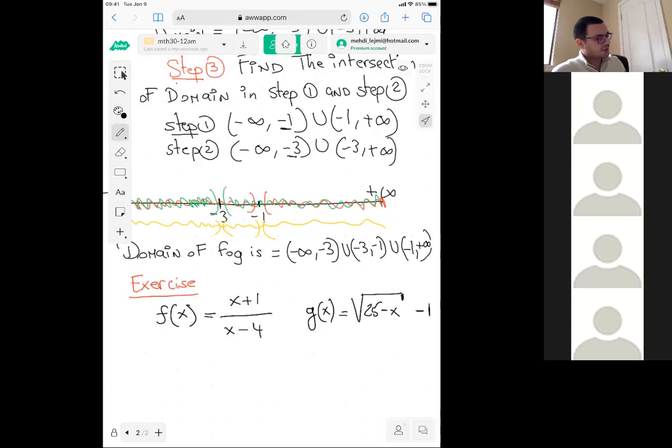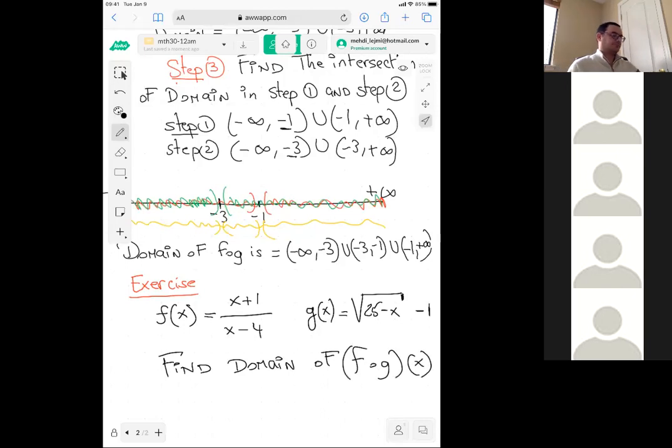So what you need to do, guys, is find the domain of f composed with g of x. Please follow the same steps.